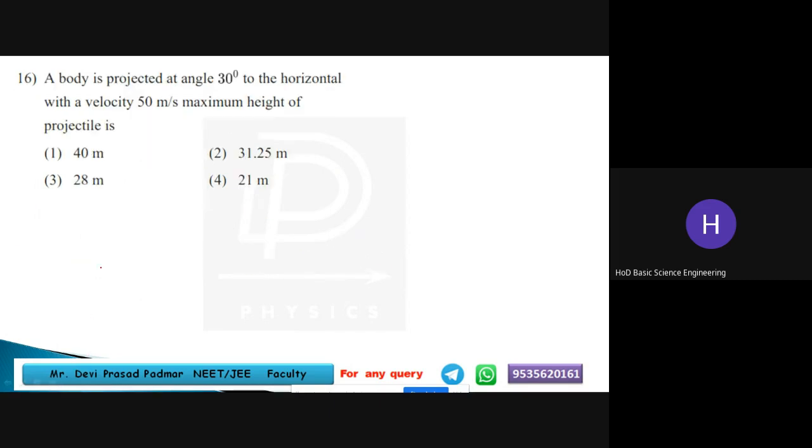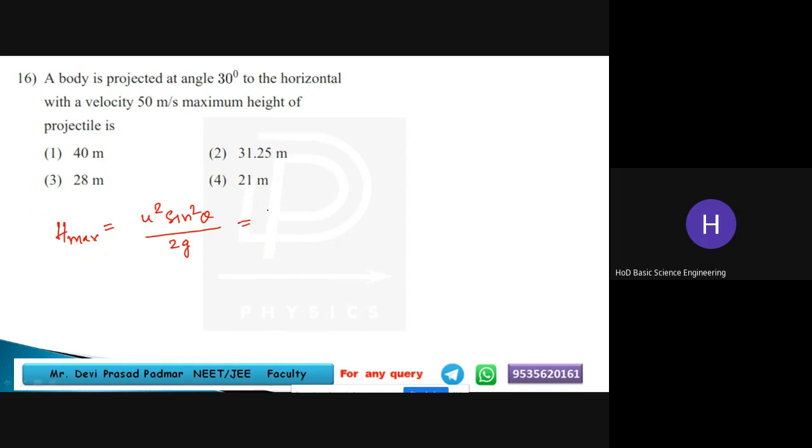Next one. I think you can calculate this. Maximum height is nothing but u square sine square theta divided by 2g. So what is u? 50.